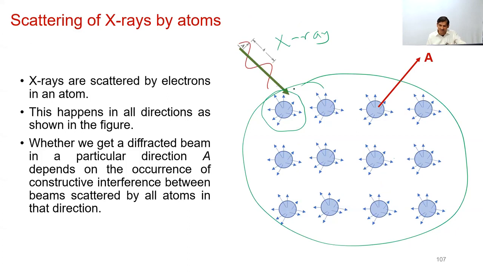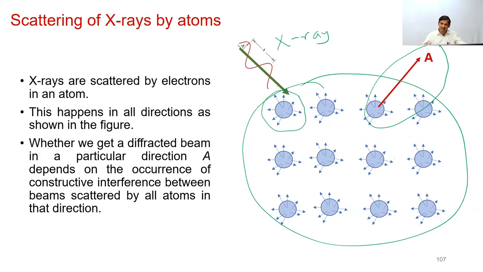Now, of interest to us is whether we get a strong scattered or diffracted beam in any particular direction, as shown by this red arrow A. As you know from physics, if there's constructive interference between two waves, then the beam amplitude will get stronger.